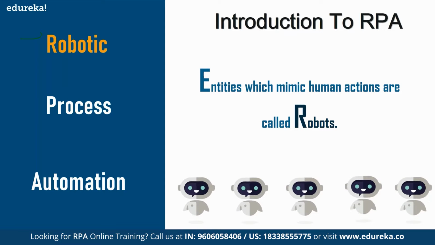Whatever you ask it to do, whatever you perform, it just repeats whatever you say. It copies and repeats whatever a human is doing. So that is the capability of the robot. Mimic here is like copy and paste: copy the human actions and repeat whatever a human has done. That is the robot we have.